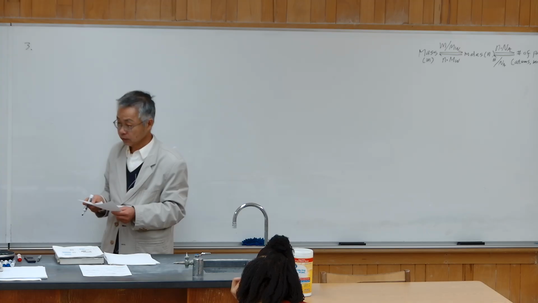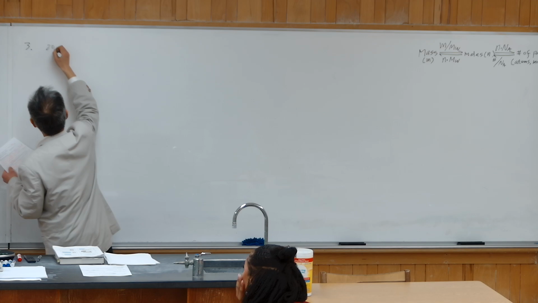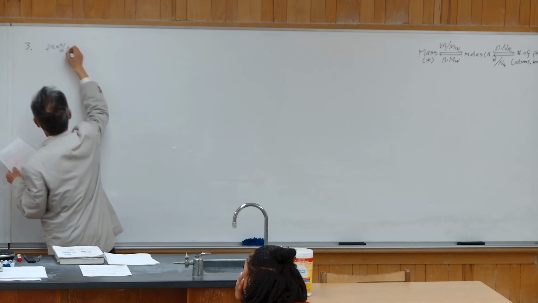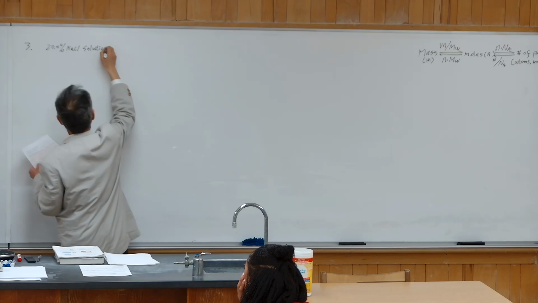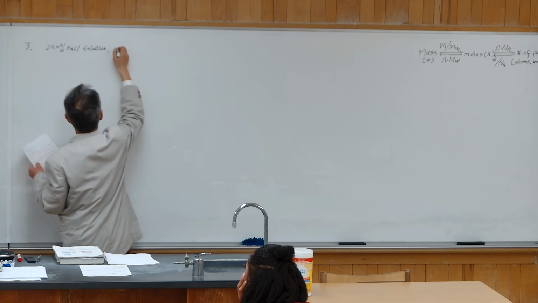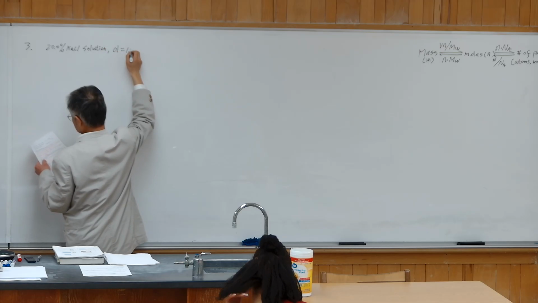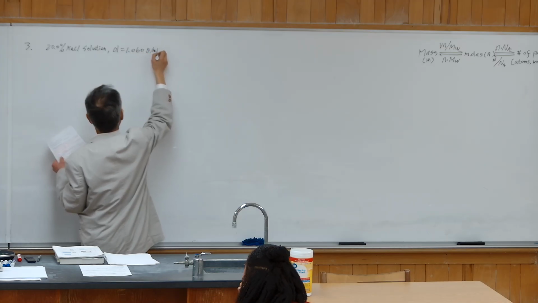Here you have the density of an aqueous 20% NaCl solution. The density is 1.06 gram per milliliter.